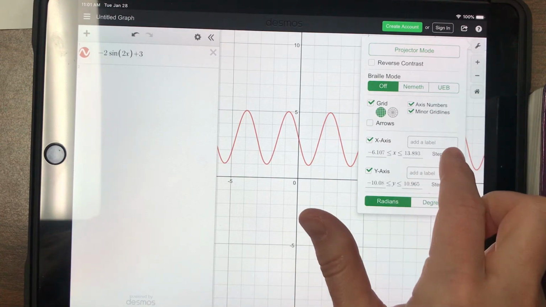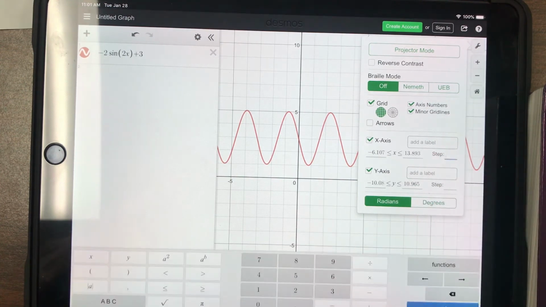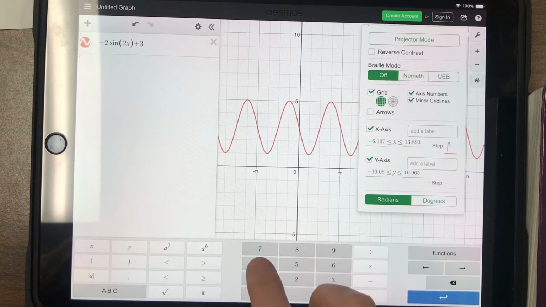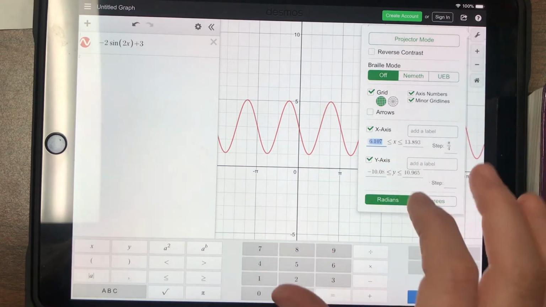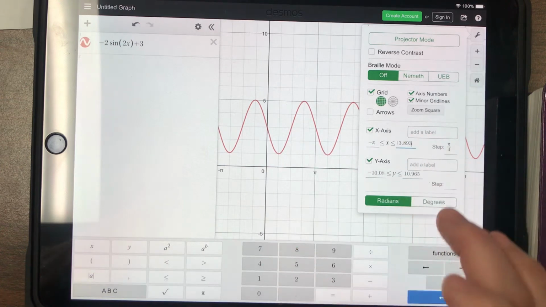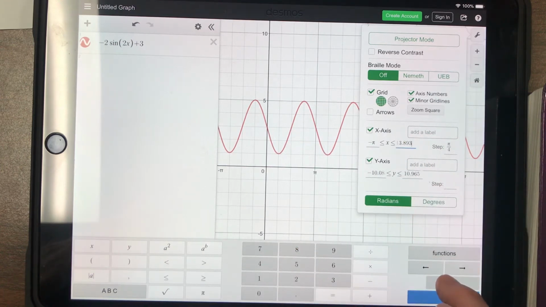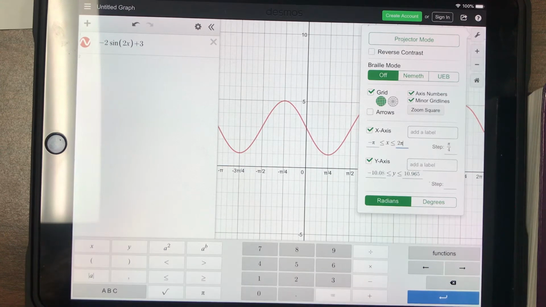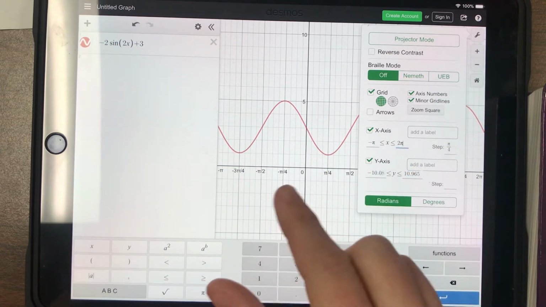Then I'm going to change the step to pi. Can you see down here it says pi over 4? And then let's go from negative pi to 2 pi.